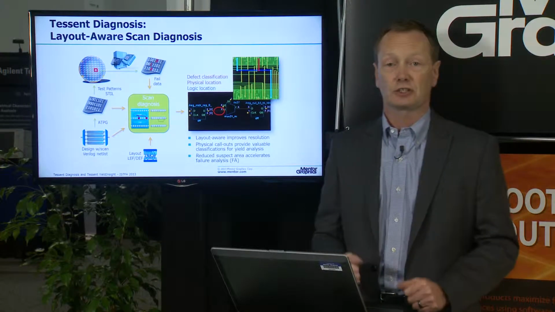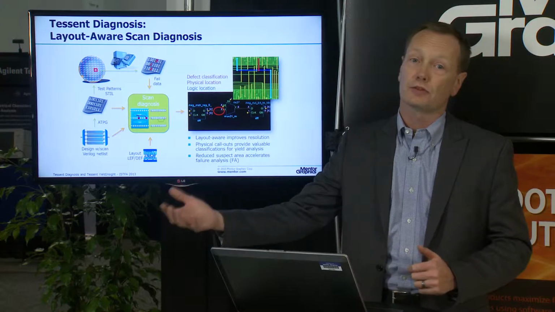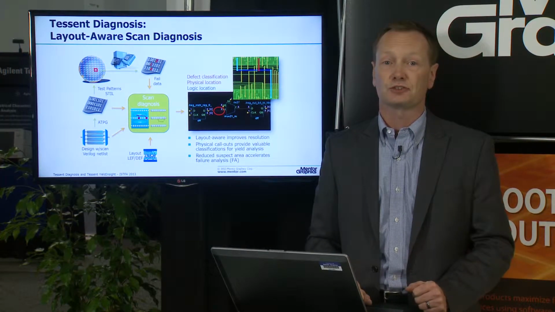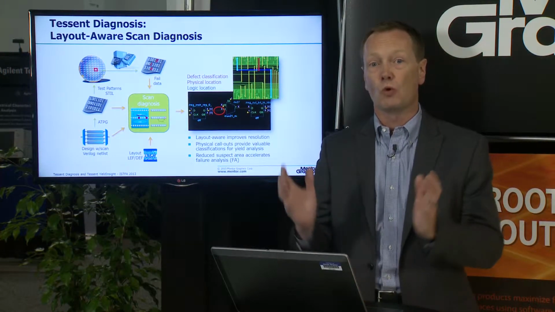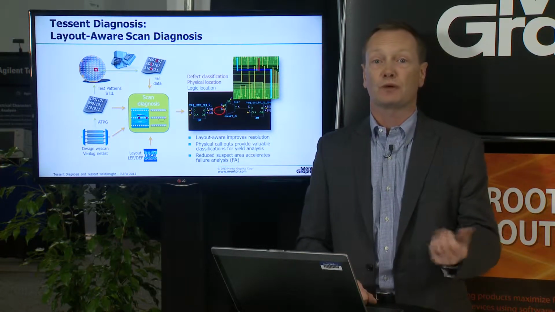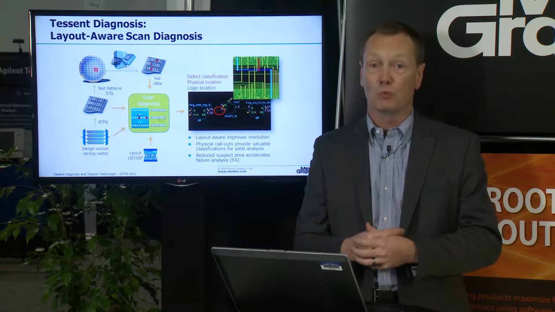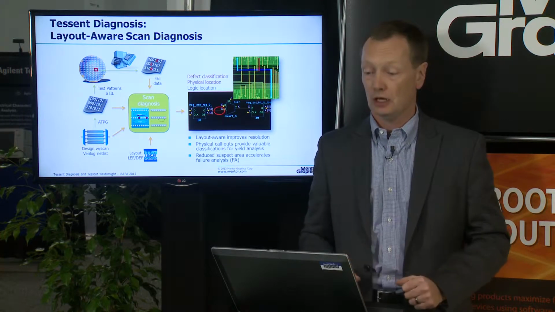This means that we take the layout information along with the logic representation of a design, and that allows us to get a more precise, more accurate result, and to better differentiate between different types of defects. So we, in effect, get more data about the defect.